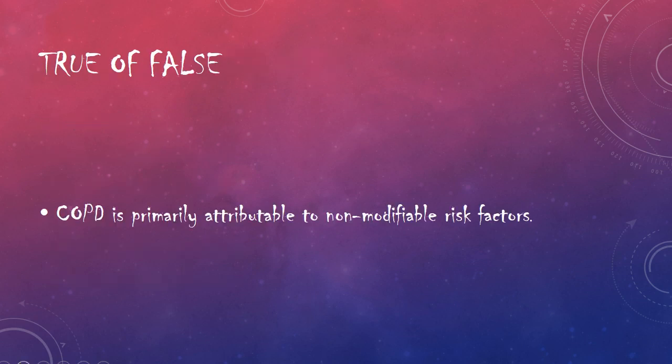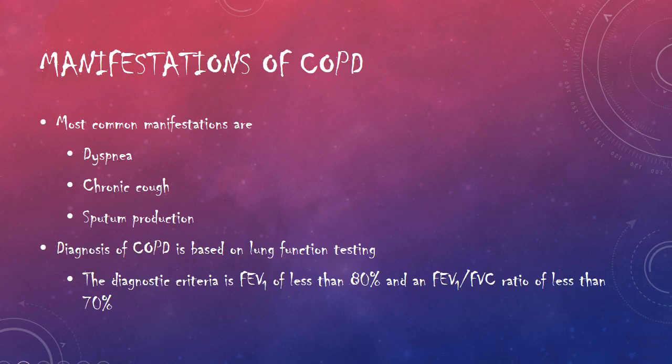People who have alpha-1 antitrypsin deficiency may have never smoked in their life and they have COPD, but that's a very rare population. So manifestations, like I said, shortness of breath. That's your very first manifestation that you're going to see. And then you're going to have a chronic cough and sputum production, especially with somebody that has chronic bronchitis.